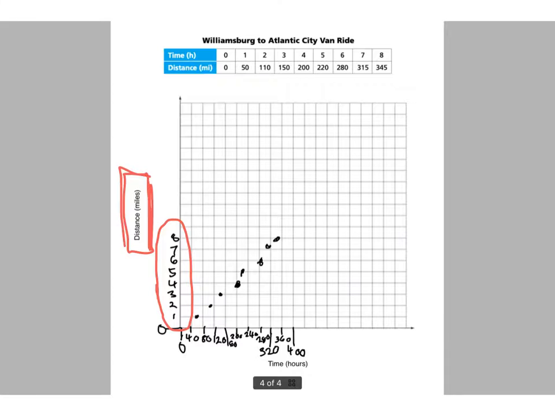Distance depends on time. So the label is correct, but then they put time numbers. So these numbers here, again, are not time numbers. They're distance numbers. So the label needs to stay put, but the actual numbers need to switch.